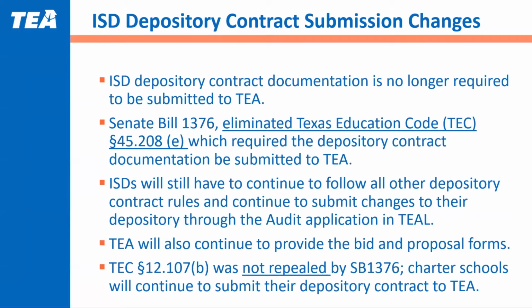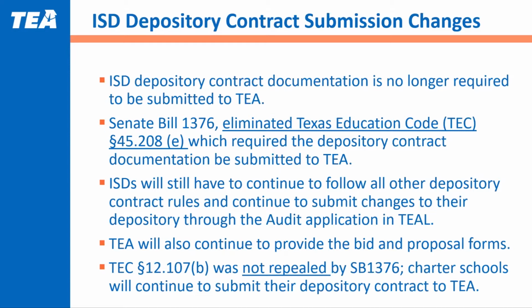So Senate Bill 1376 eliminated 45.208E, which was the requirement that you have to send your depository contracts to TEA. So that's slightly good news for you guys. You'll no longer have to submit that information to us.